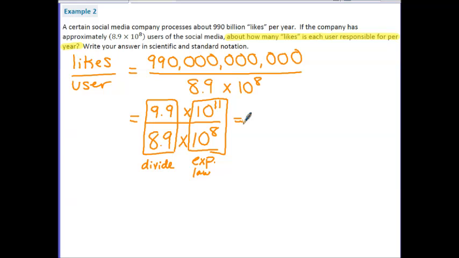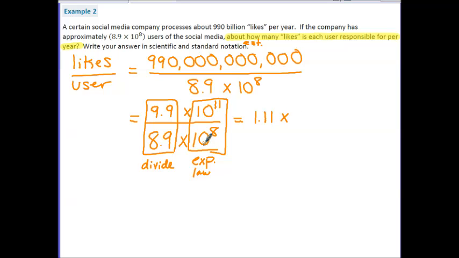So what we really want to notice here is that they actually stated about how many. That really tells me that they're asking me to estimate. So if I'm going to estimate this, I'm going to say it's approximately 1.11. Then we can use our exponent laws to figure out the second portion here.